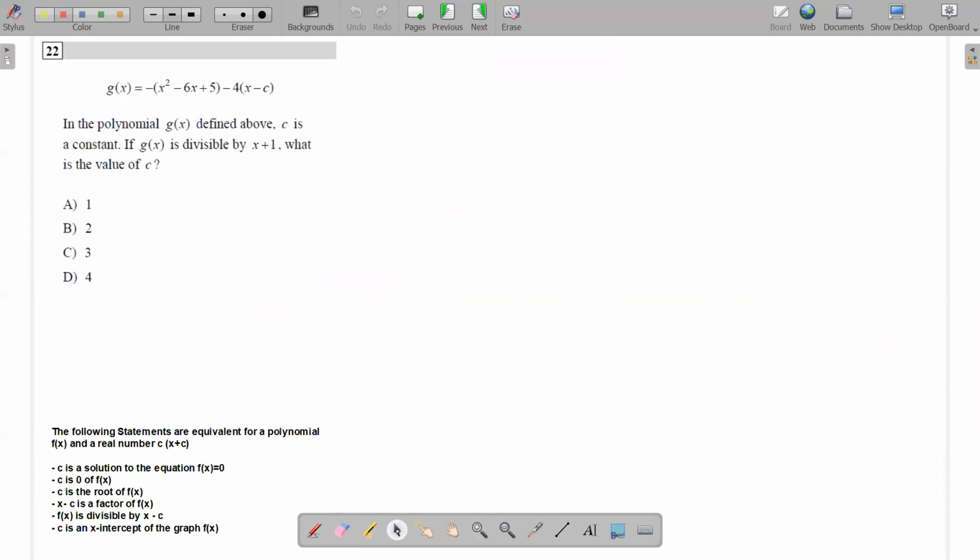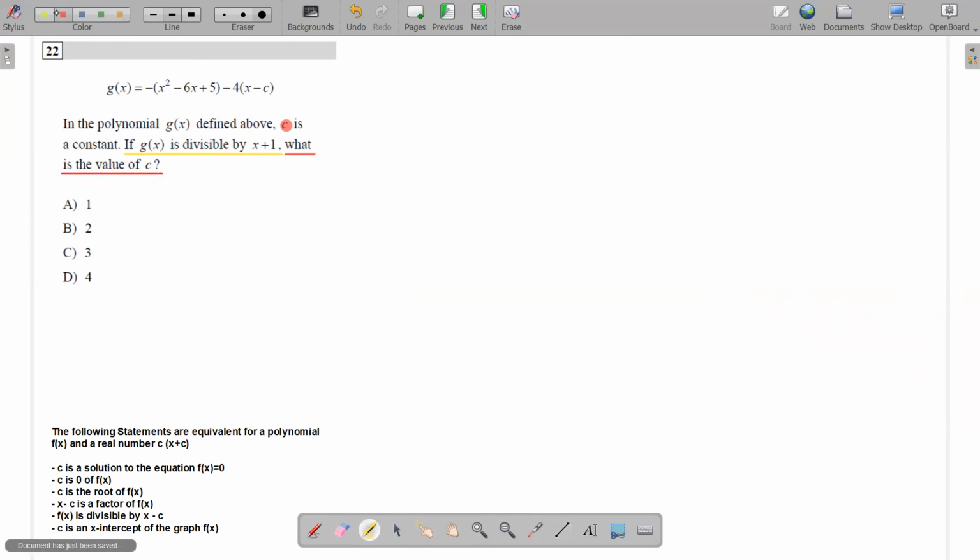For example, in the polynomial g of x defined above, c is a constant, meaning a number. If g of x is divisible by x plus 1, what is the value of c?